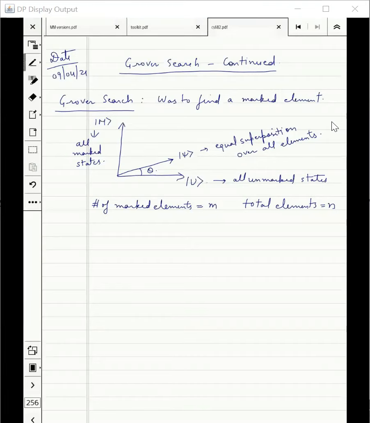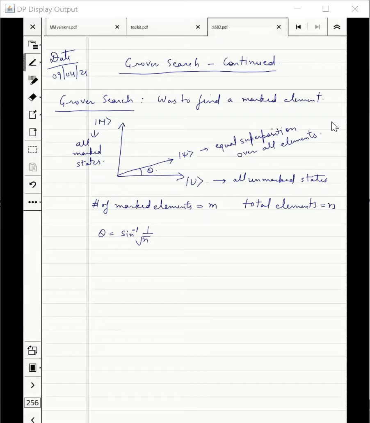Cool. Right. If you at least remember that theta was actually sine inverse 1 by root n kind of a thing. That's why the number of iterations became square root n. The number of iterations were 1 by theta, that's why they became root n.